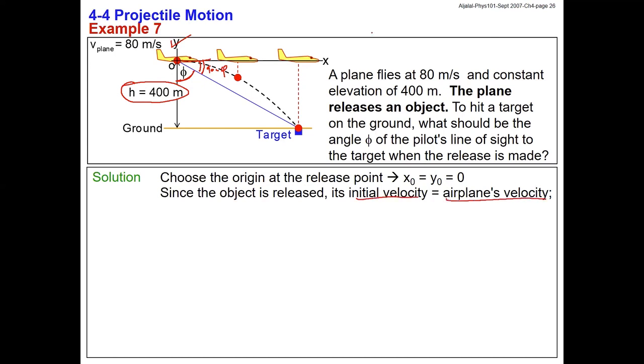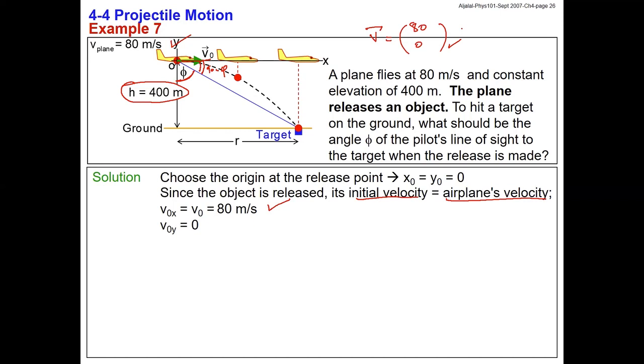And by the way, the airplane velocity is 80 along x and 0 along y, purely directed along x. So v naught x is equal to plus 80 meters per second. V naught y is equal to 0, as I wrote here.